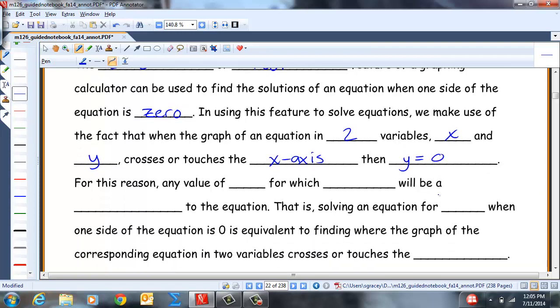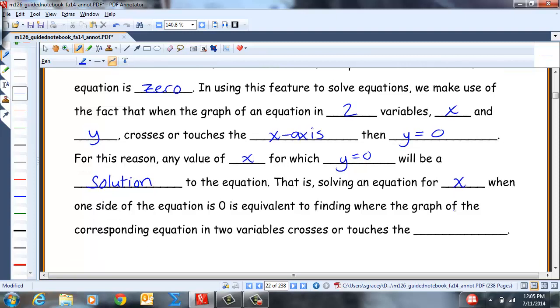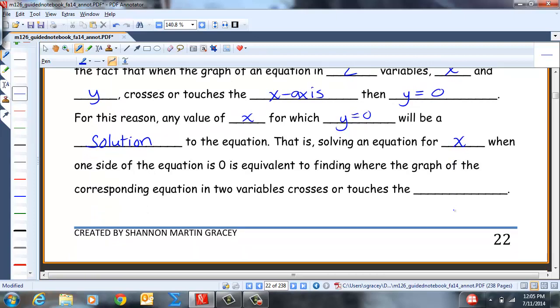For this reason, any value of x for which y equals 0 will be a solution to the equation. That is, solving an equation for x when one side of the equation is 0 is equivalent to finding where the graph of the corresponding equation in two variables crosses or touches the x-axis.